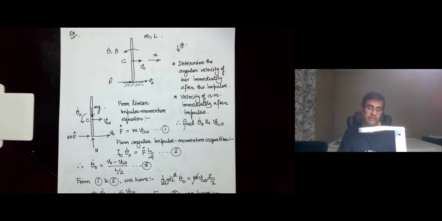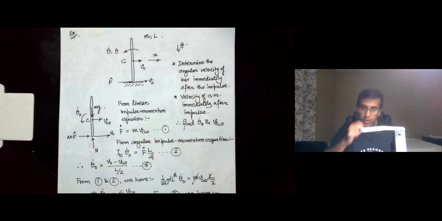So the question says, what is the angular velocity of the bar immediately after this impact, or immediately after this impulse, and also what is the horizontal velocity of this bar immediately after this impulse.